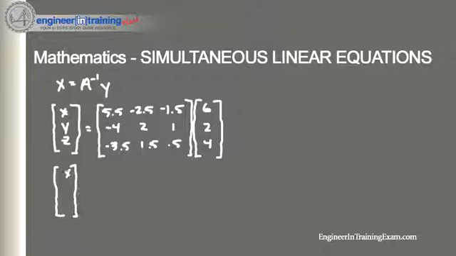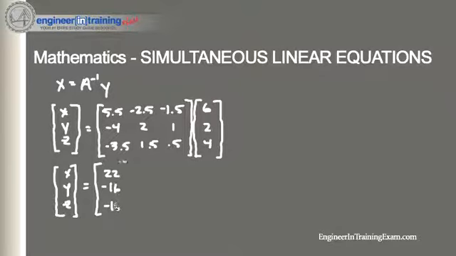And through matrix multiplication, we go 5.5 times 6 plus negative 2.5 times 2 plus negative 1.5 times 4, and that will give us our first value of 22. And then just carrying out basic matrix multiplication, again we get 22, negative 16, negative 16.